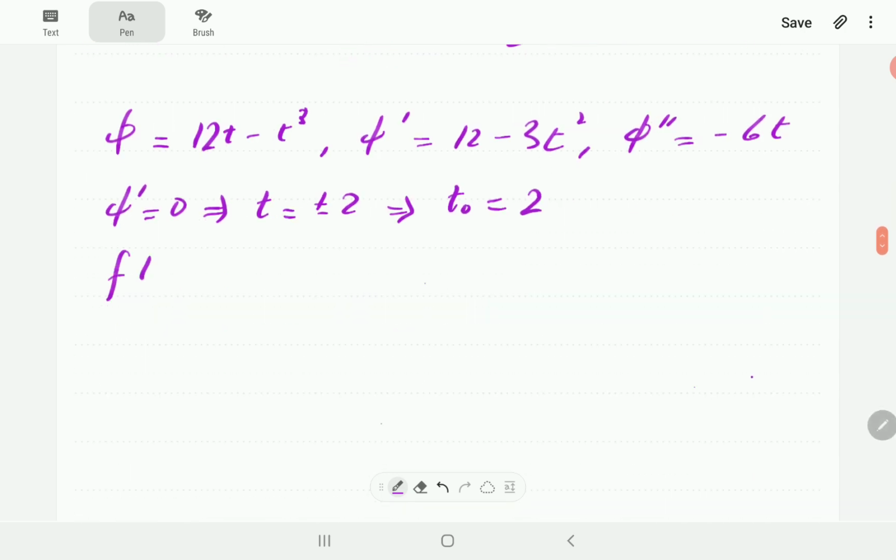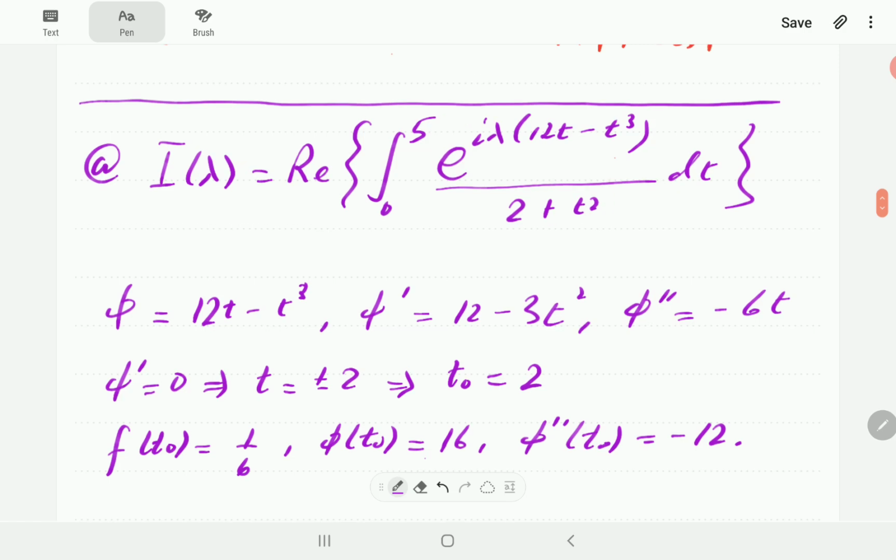So f of t naught is going to be 1 over 2 plus 2 squared, which is 6, and phi of t naught is going to be 24 minus 8, and then the second order derivative at t naught is going to be minus 12.